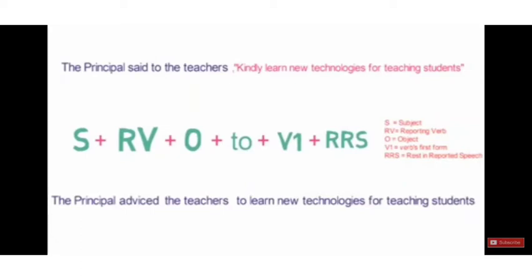Object is the teacher. Then we add the conjunction to plus verb first form, to learn. Remaining part in the reported speech: new technologies for teaching students. So the final sentence in the indirect form: the principal advised the teacher to learn new technologies for teaching students.